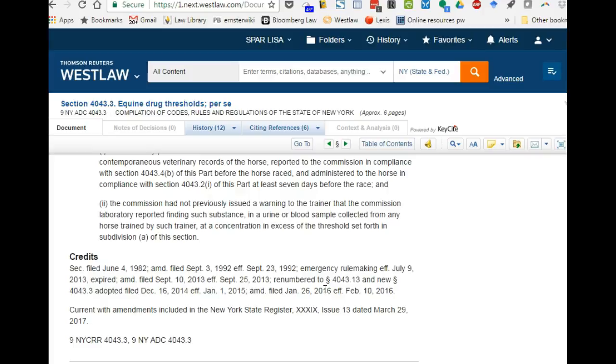So we looked to see if we could find that section, and through a fair amount of work, I'll have to say, we finally tracked down the emergency rulemaking that was in effect for September 2014. We already know that this section didn't exist. The section that did exist that addressed this particular topic never mentioned that particular drug.